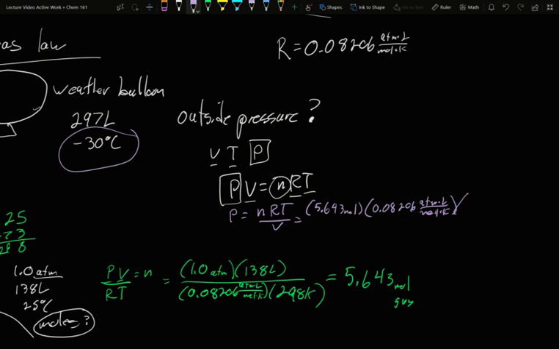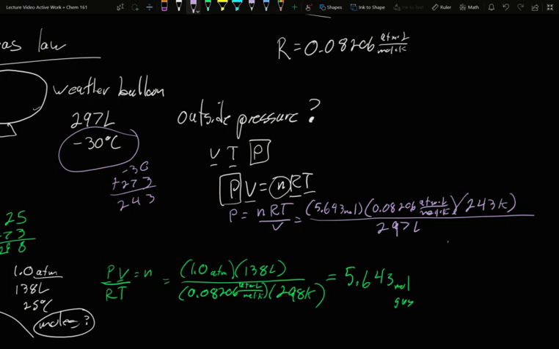Remember, I'm up in the atmosphere now. We're doing our later calculation. So negative 30 plus 273 for 243 Kelvin, all over our 297 liters.